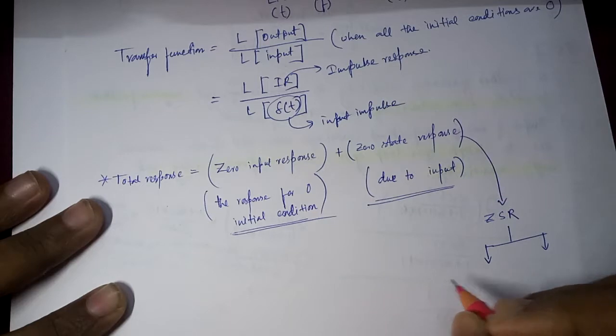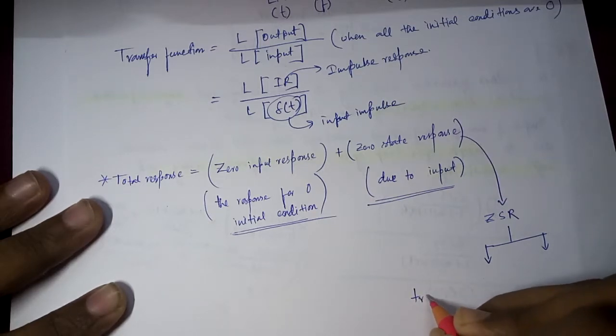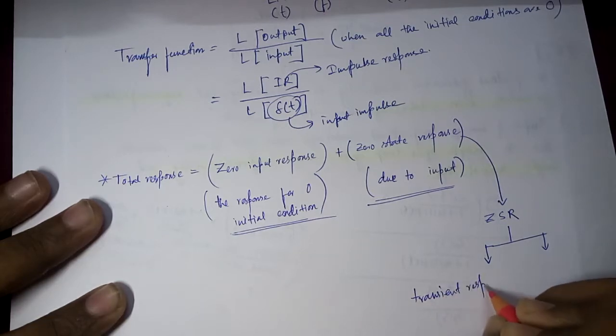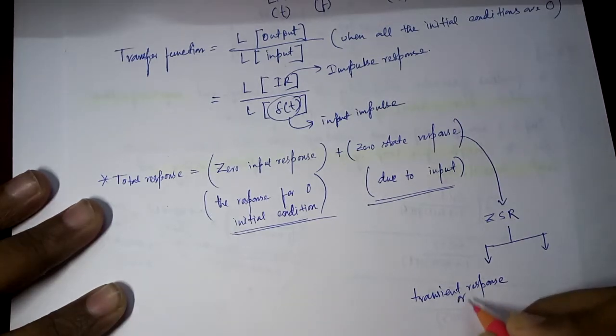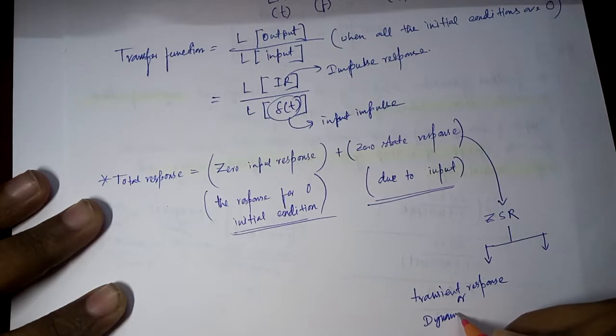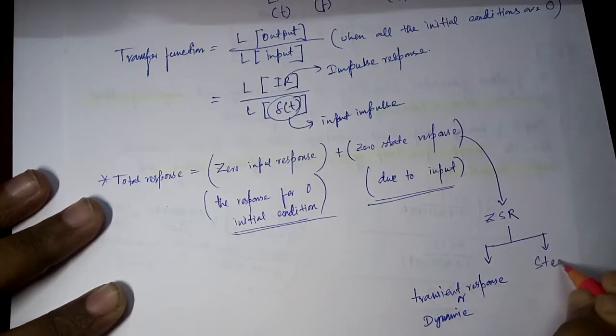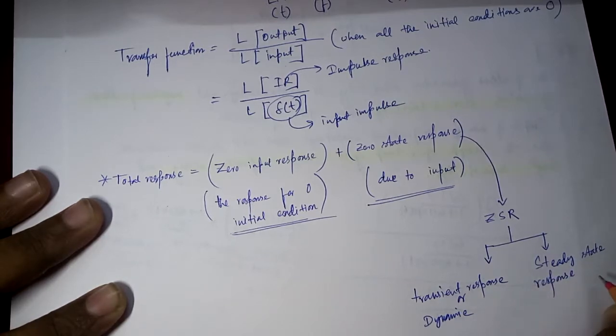One is transient response, which is dynamic response. Another one is steady state response, or static response.